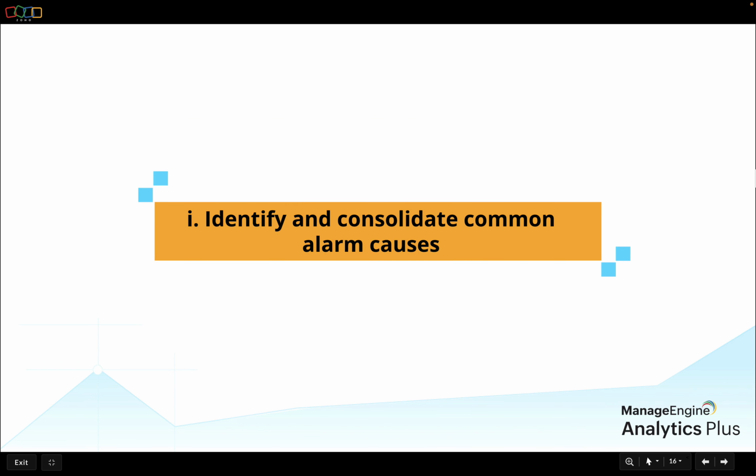Let's first explore the case of repetitive alerts, a common thorn in the side of NOC teams worldwide. These persistent alerts often stem from unresolved root causes that permeate multiple layers of your IT infrastructure. Not only do they distract the IT personnel, but they also impede the resolution process, leading to prolonged downtime and loss in productivity.